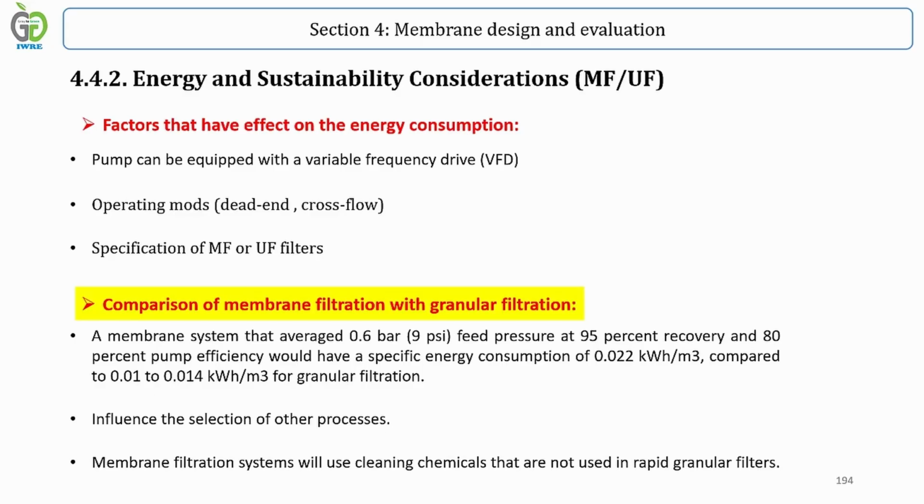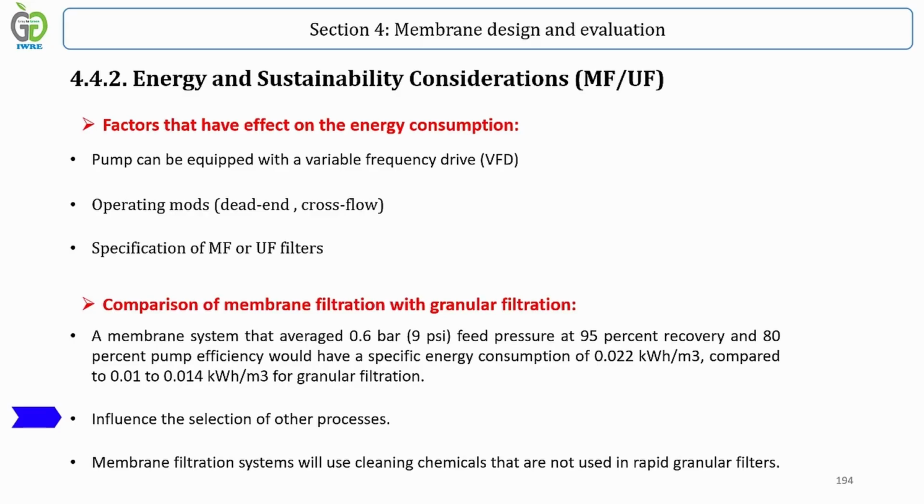Sustainability should be considered when comparing rapid granular filtration and membrane filtration as alternate filtration strategies. The situation is typically more complex because the selection of the filtration technology may influence the selection of other processes within the plant.